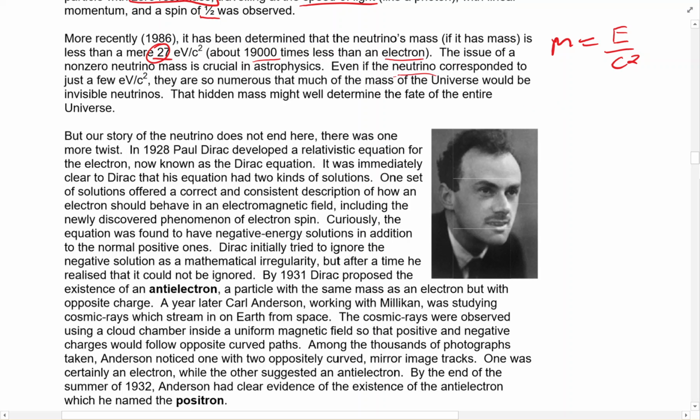If these neutrinos have any mass at all, it's really going to affect the fate of the universe. So whether the universe is going to expand forever, or whether the universe will one day start to contract, which is weird to think about, that the universe might actually start to shrink back in, and instead of having a big bang, it'll be a big crunch. It'll all go back together again at one point.